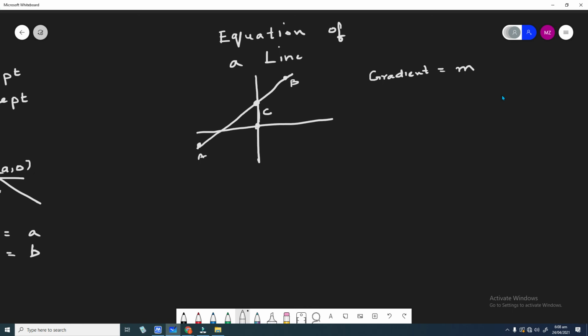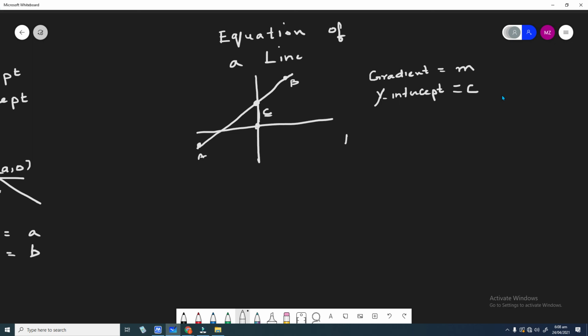This is c, and the gradient of this line is m. So you are given the y-intercept, which in this case we denote by c, and the gradient of this line is m.